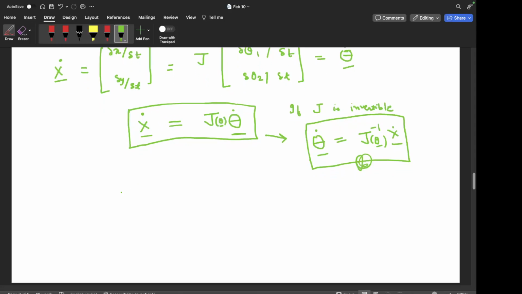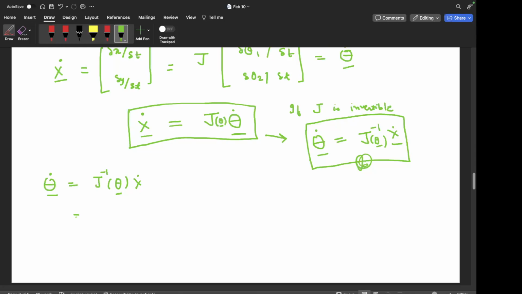So what we have is that the joint rates are given by the inverse of the Jacobian.